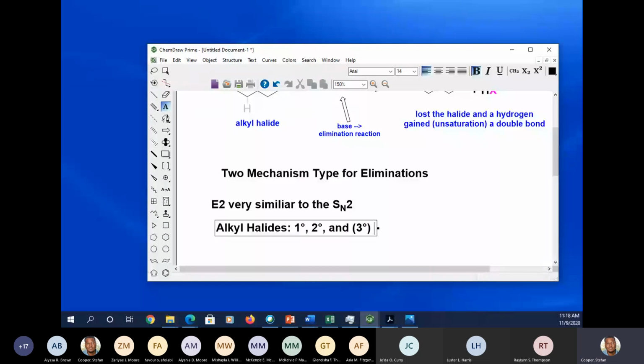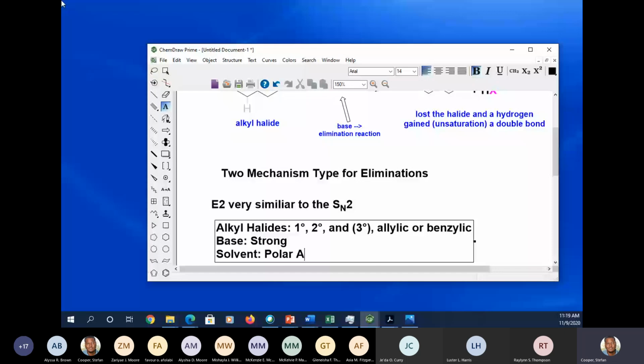The same goes for any allylic or benzylic system. Here, the base preferably needs to be strong. And most importantly, the solvent for E2 processes needs to be polar aprotic. Pretty much the key to the mechanism type is that the solvent is polar aprotic.